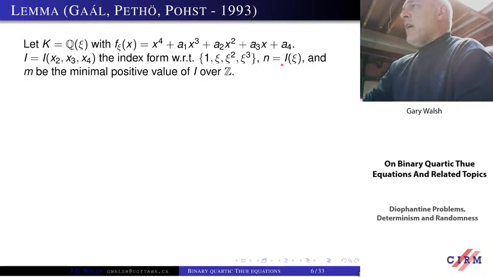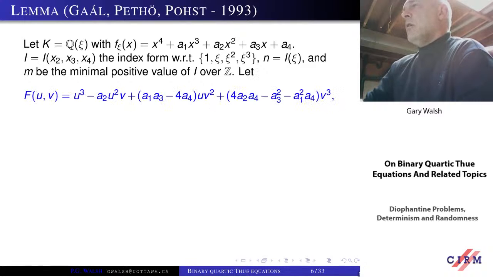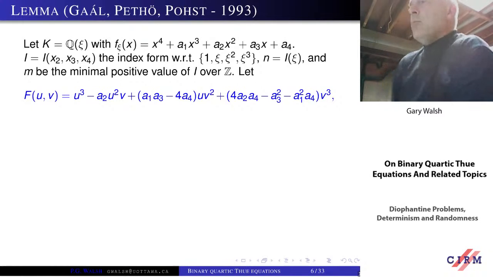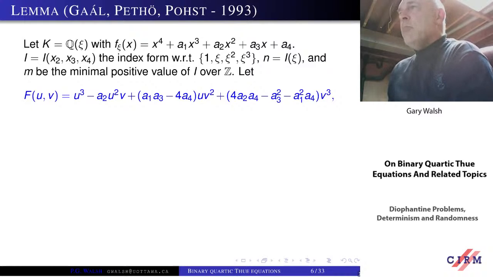N will be the value of I at psi, and M will be the minimal positive value of the index over integer inputs to I. Then we are going to need the cubic resolvent of the polynomial f sub psi, and I'll just write it as capital F of u, v, which I can write in terms of A1, A2, A3, and A4 as follows. I won't read that off.